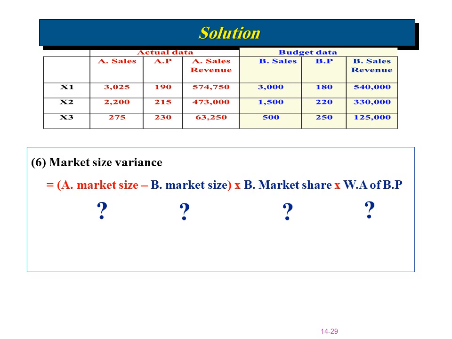Okay? So I need to know how to calculate actual market size. It's given here. Budget market size, it's given also. But how to calculate the budgeted market share of the company? I need my share in the market of the budget and the weighted average. So if you want to calculate the market size variance, you have to know how to calculate budgeted market share and the weighted average of budgeted price.